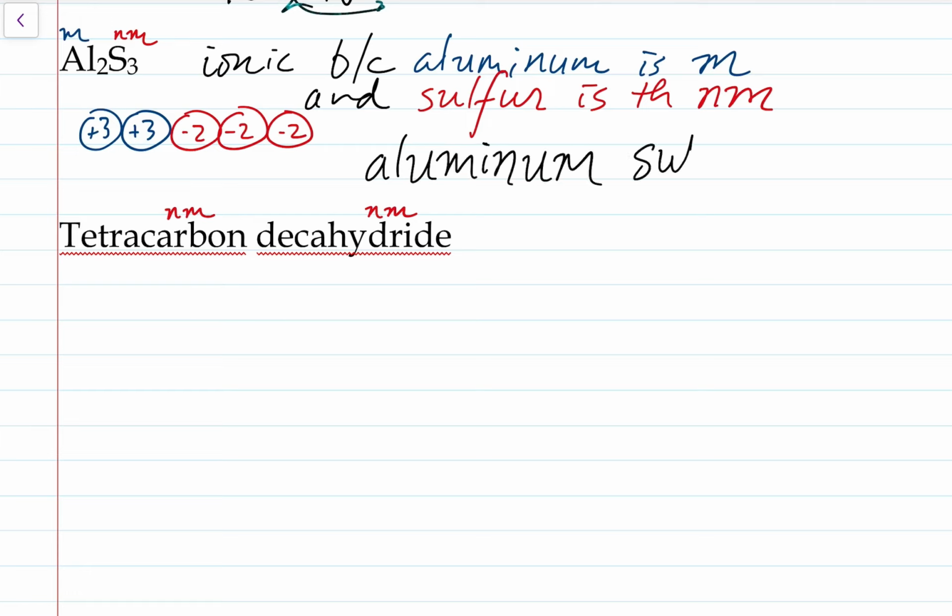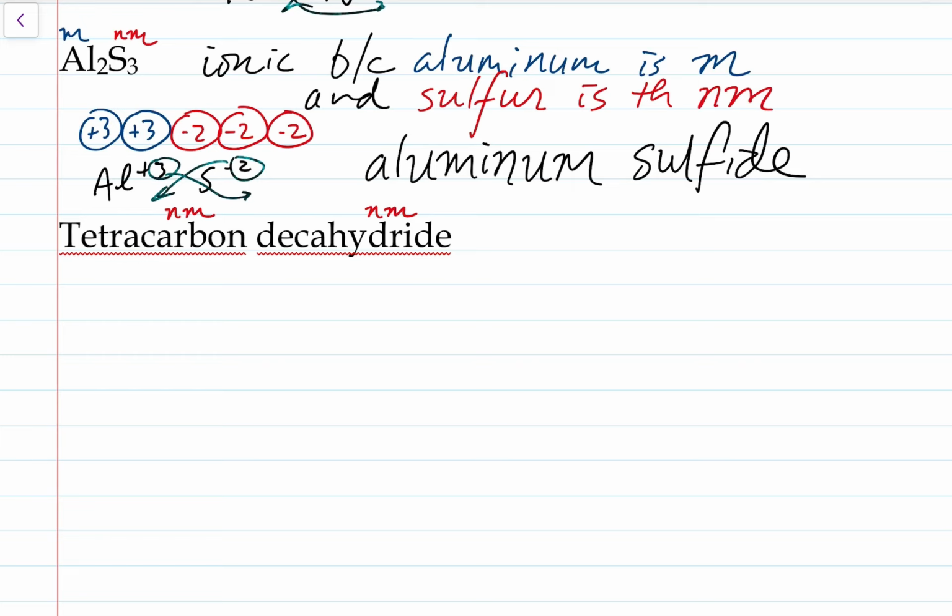Aluminum sulfide. Okay. And again, crisscross, right? Al +3, S -2. So that then becomes the subscript. And it bounces out. We don't have to divide it out. There's no math to do there.